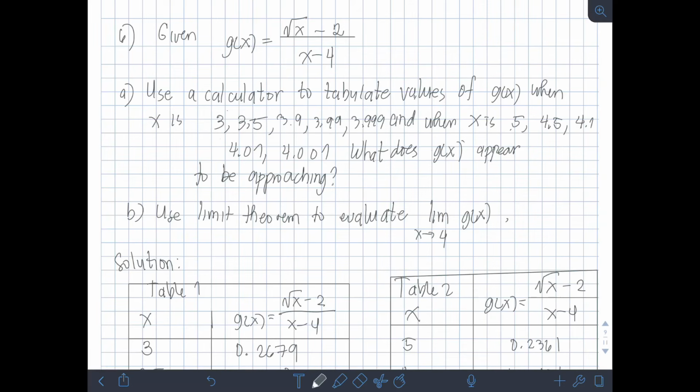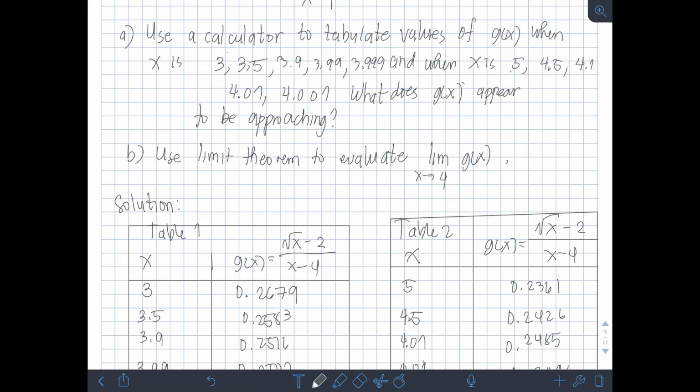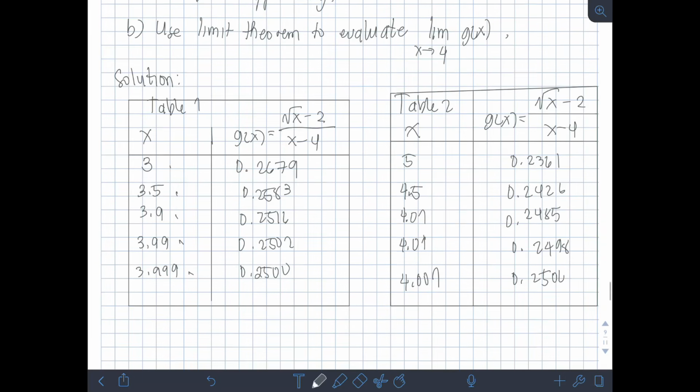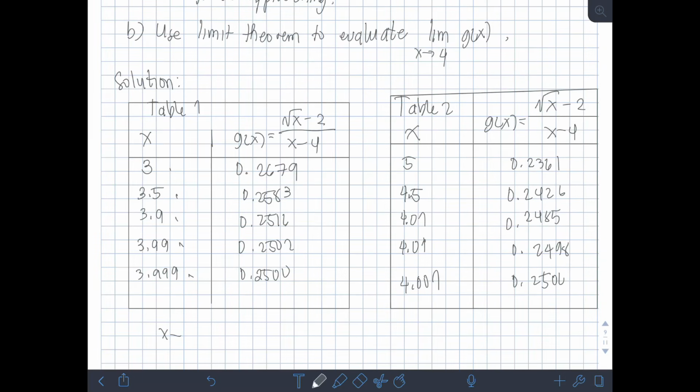So, tulad dun sa example 5 ko, tinabulate ko lang ulit yung mga values sa isang table. So, dun sa first part, yung mga value ng x ay 3, 3.5, 3.9, 3.99, 3.999. So, parang x natin dito ay nag-a-approach ng 4 from the left. So, negative. Tapos, kapag dito naman sa kabila, x approaches 4 from the right naman. So, right-hand side limit.